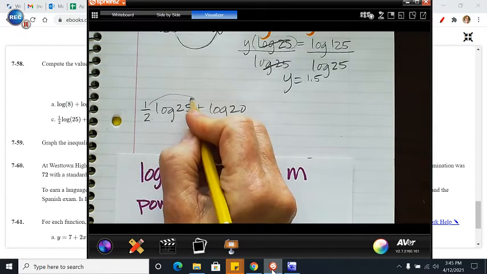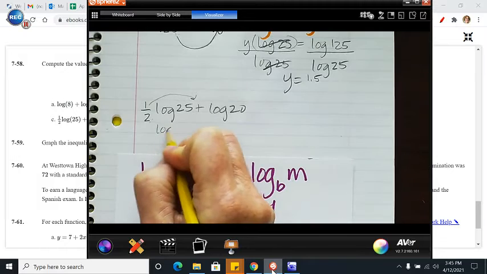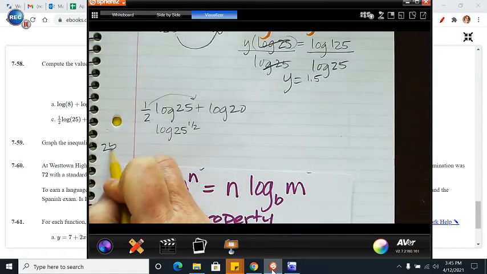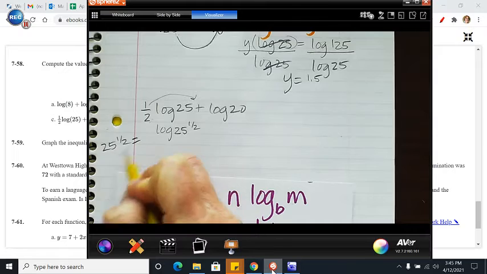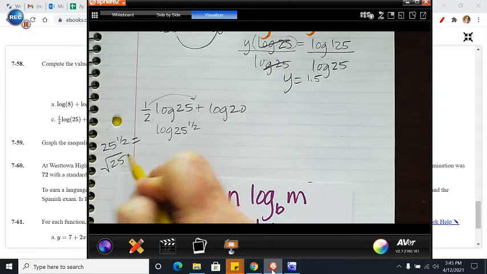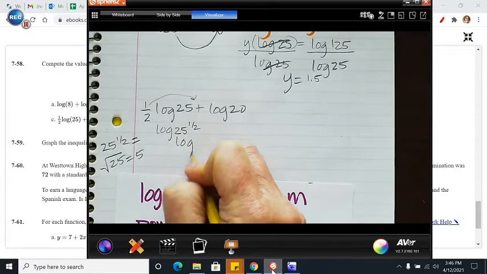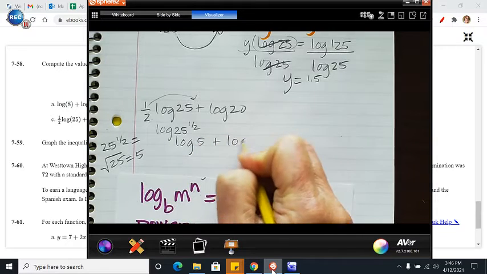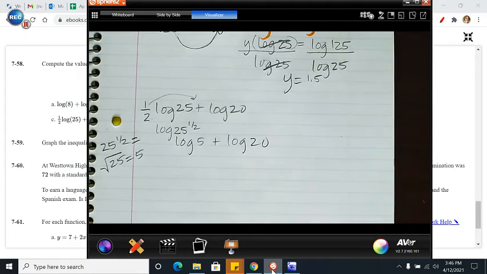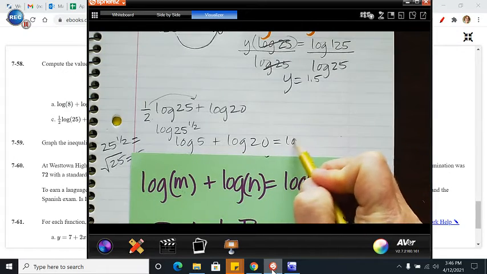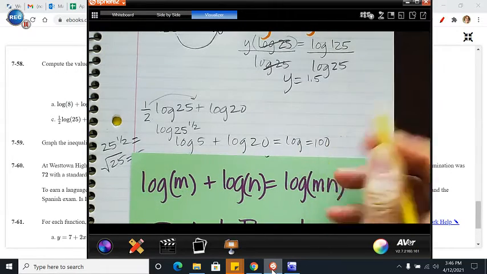So I'm going to put this in the exponent. So log 25 to the 1/2, the square root of 25, which is 5. So this is log of 5 plus log of 20, and then I'm going to use the product property, and that would be log of 100.